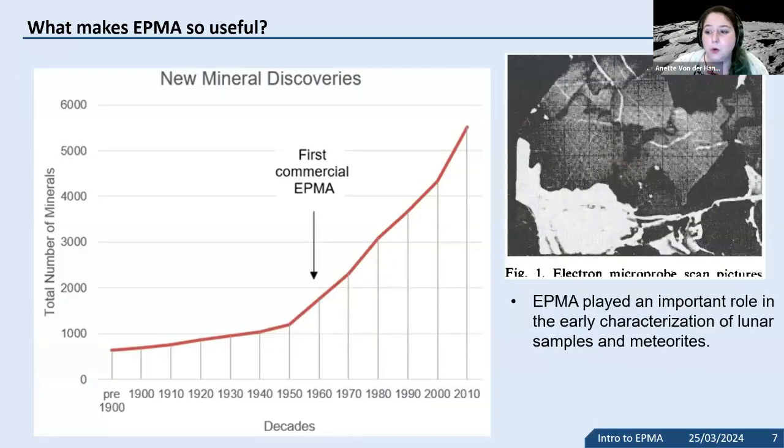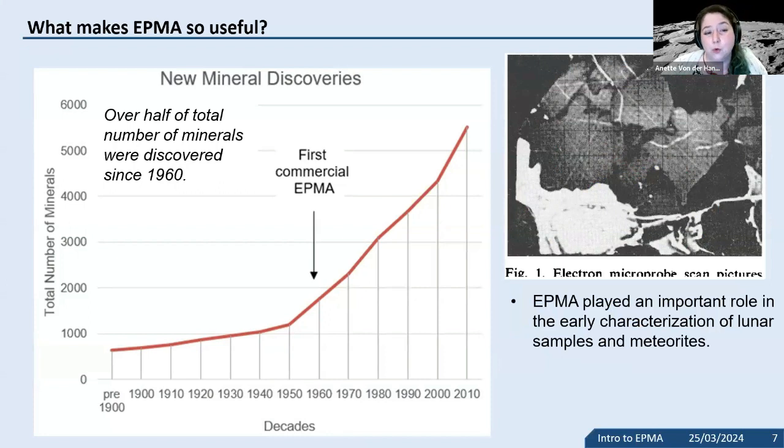The electron microprobe has been very, very important in the discovery of new minerals. Over half of the total number of minerals that we know nowadays were discovered since the 1960s. The electron microprobe was, as a concept, introduced in 1949.